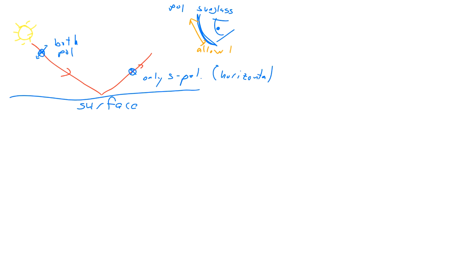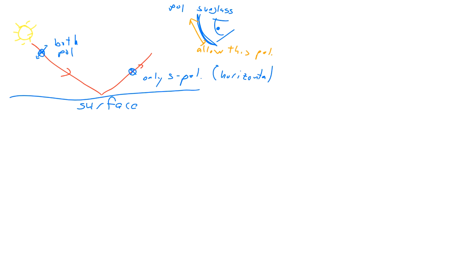They allow that polarization, but they cut out the horizontal polarization, the polarization that is going in and out of the screen. And so that means you don't get the glare off of the water. You can see into the water, which is good if you're fishing or something like that, but not good if you're trying to avoid something on the ground.